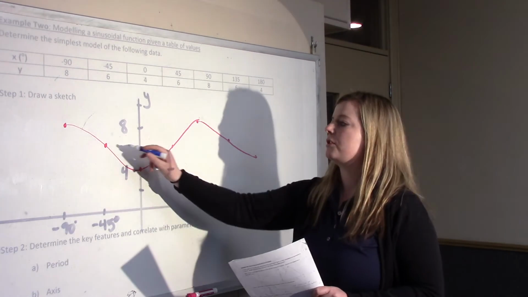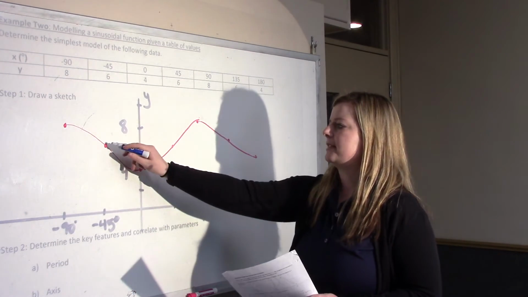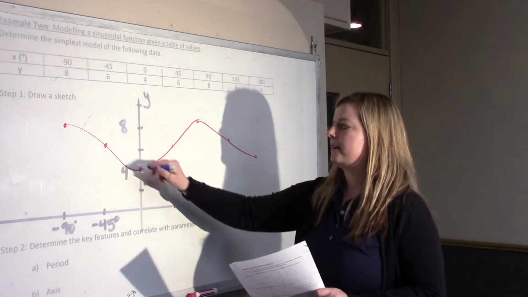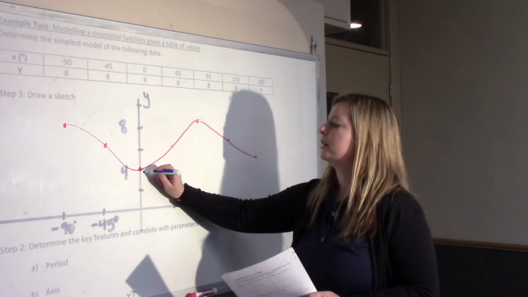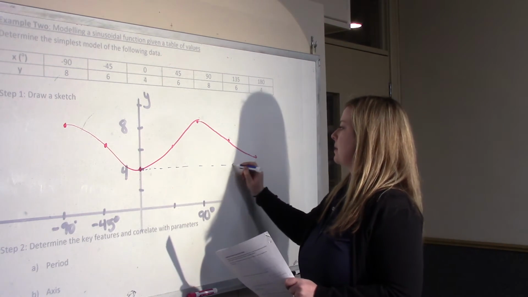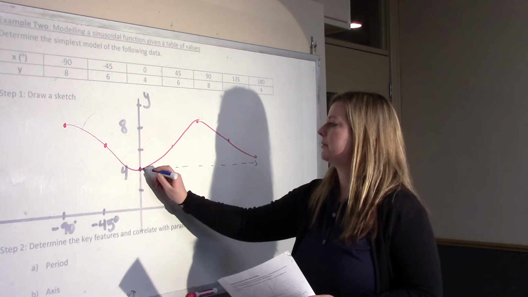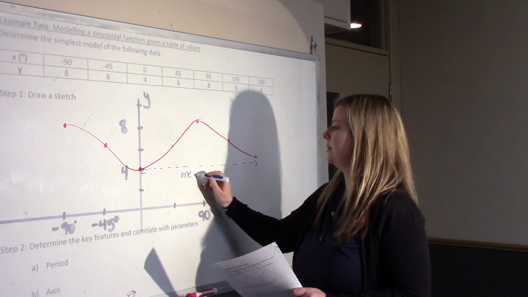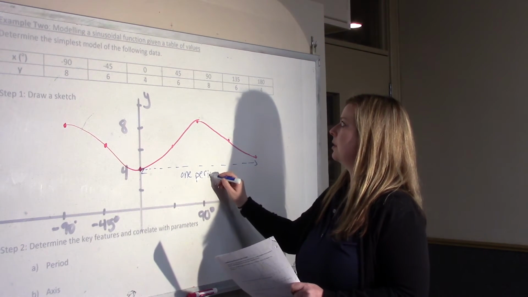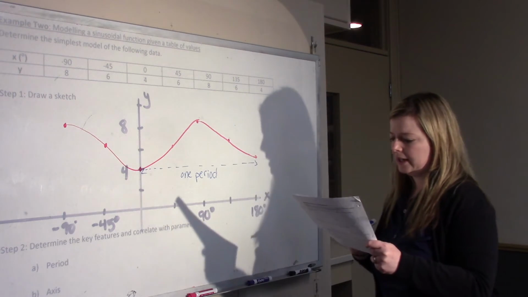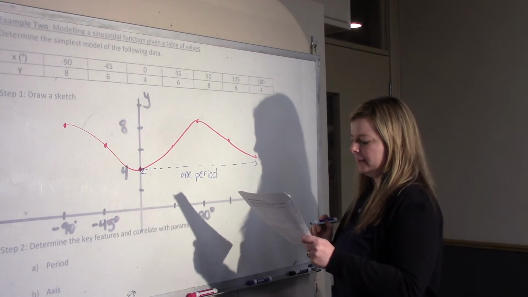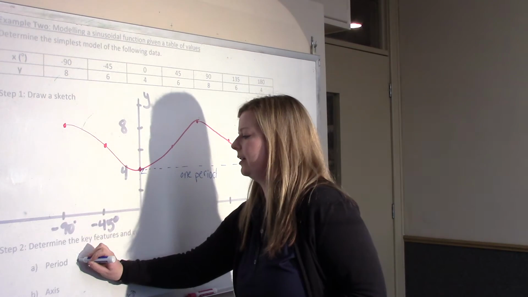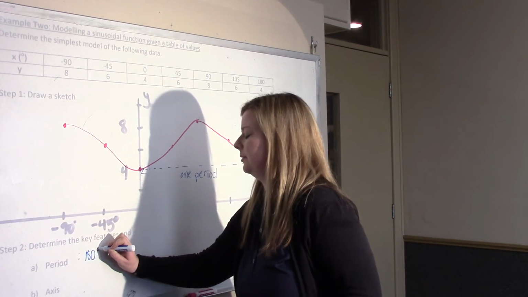Be careful though, don't just go axis to axis, because this has only gone through half the cycle, because it's only gone down, it hasn't gone back up again. So I like to go from minimum to minimum or maximum to maximum. So this is one period, and it's 180 degrees. Okay, so the period you can put here is 180 degrees.